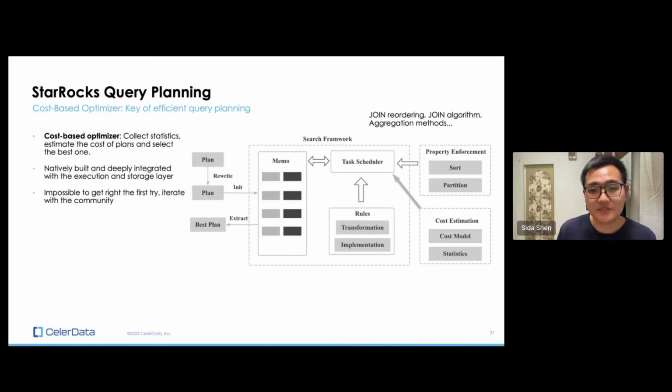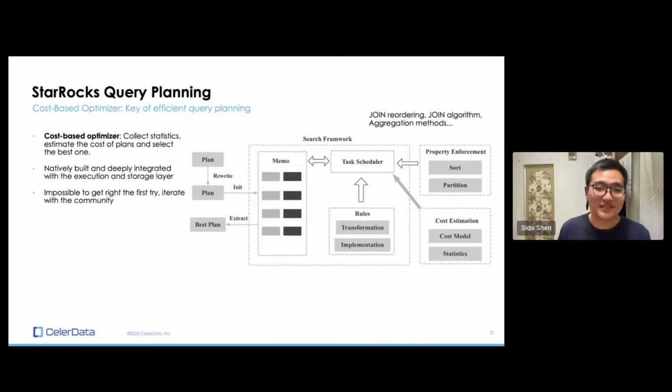StarRocks' cost-based optimizer is natively built and is deeply integrated with the execution and the storage layer. Something about building an optimizer is that it's deeply coupled with your system. It's different for every execution engine, and different for every storage engine.